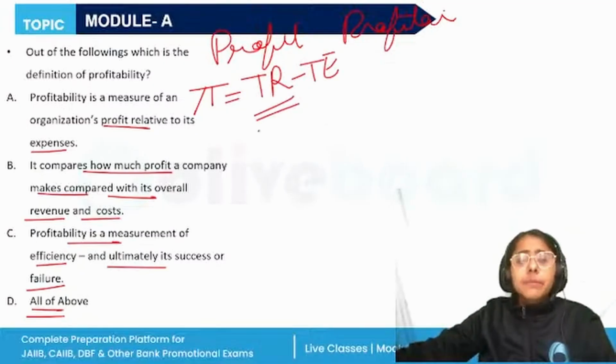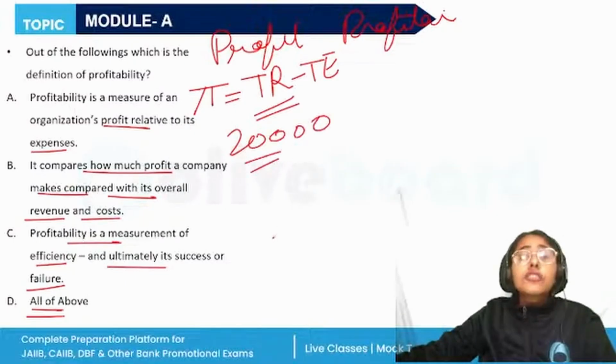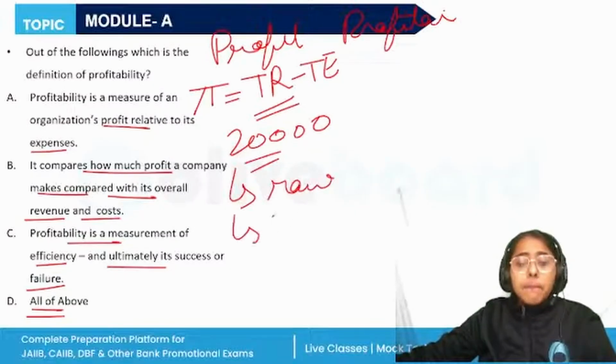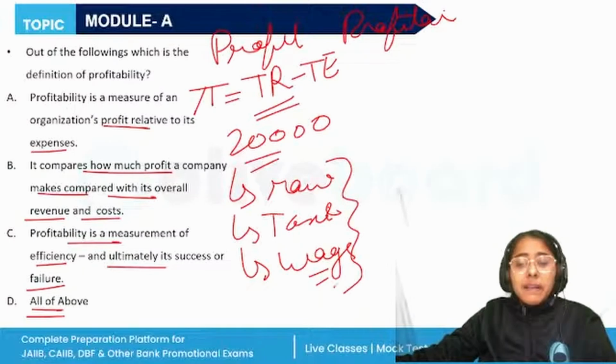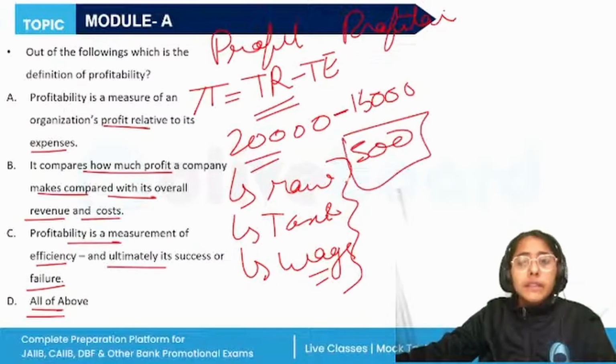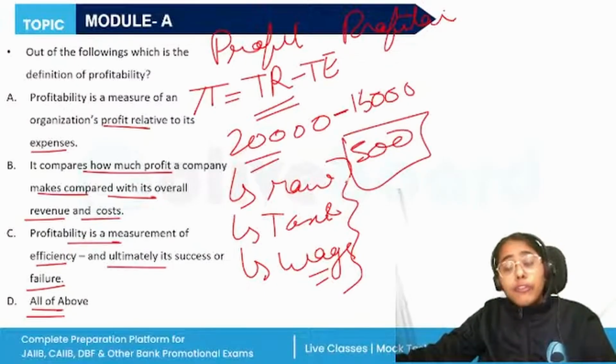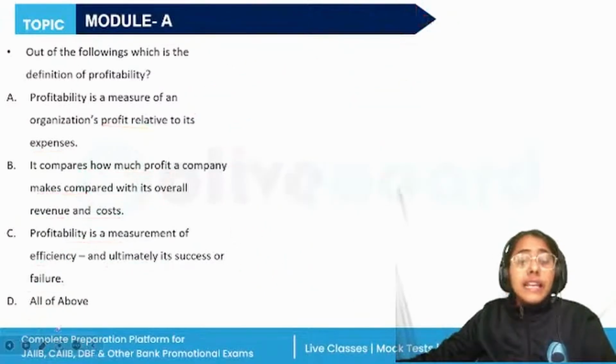If a company is making rupees 20,000 as total revenue, but it will also have to make some expenses like purchasing raw material, paying taxes, then paying wages to its employees, right? So when all of these expenditures are deducted, let's say they come to rupees 15,000, then the remaining 5,000 will be the profit. However, profitability is more of a relative measure.